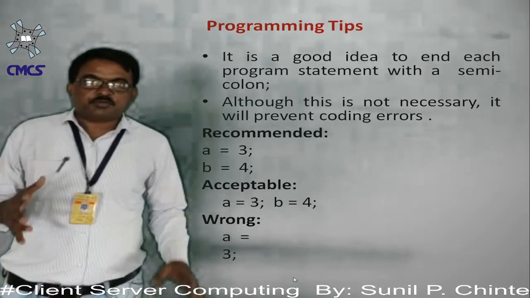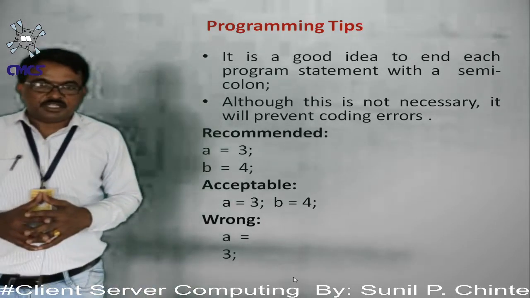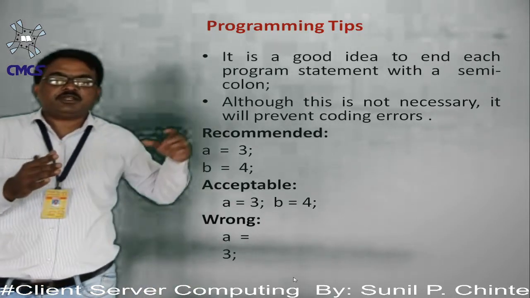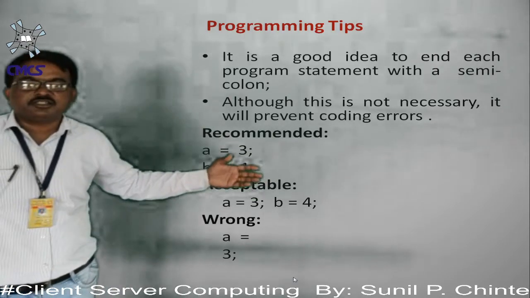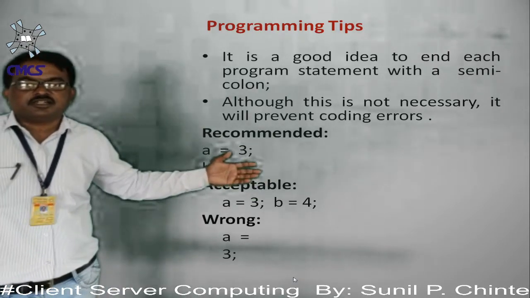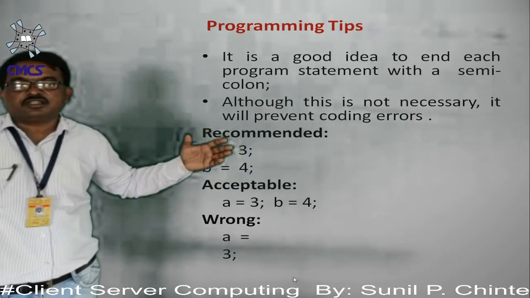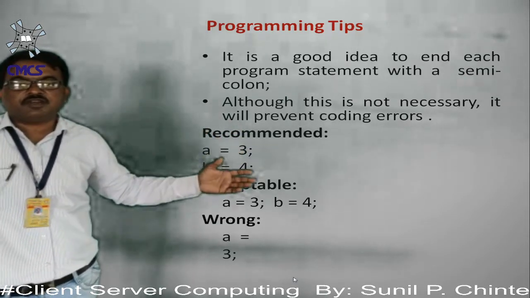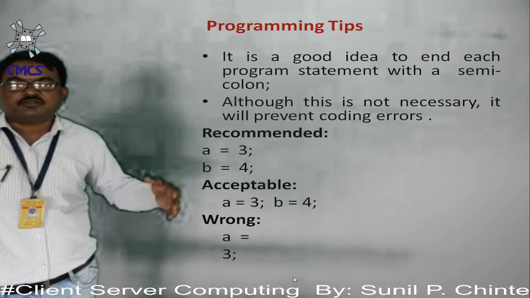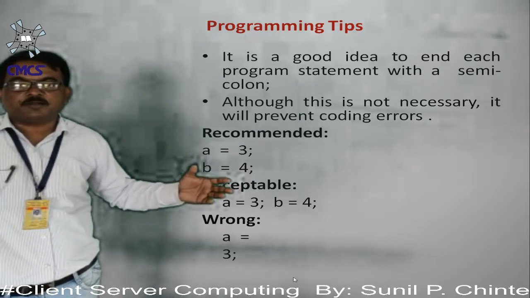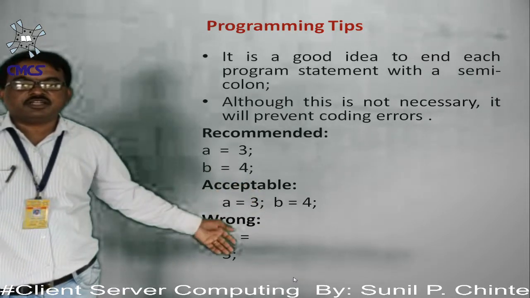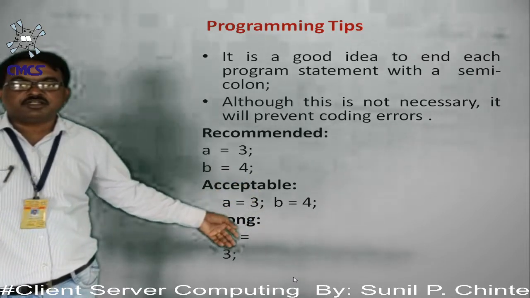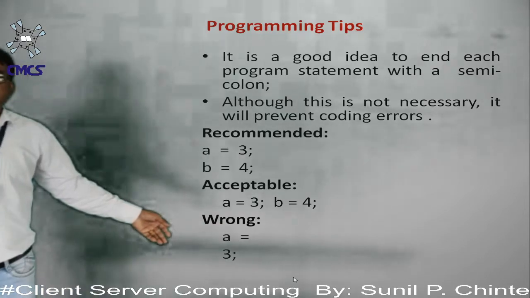Some programming tips: every statement should be terminated by a semicolon. Here we are assigning the value 3 to the variable a, and similarly assigning the value 4 to b. The same thing can be accepted here by using the semicolon, but this will be wrong.